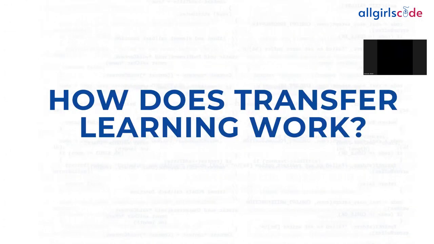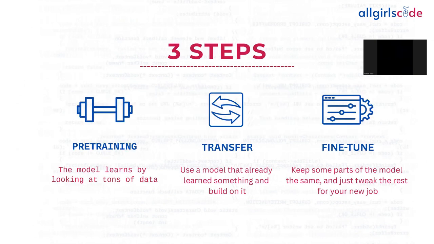Now, how does transfer learning actually work? And do not worry, we will keep it very simple and it's going to be very easy to grasp. We have three main steps. First, we have pre-training. So in this step, the model is going to learn by looking at tons of data.